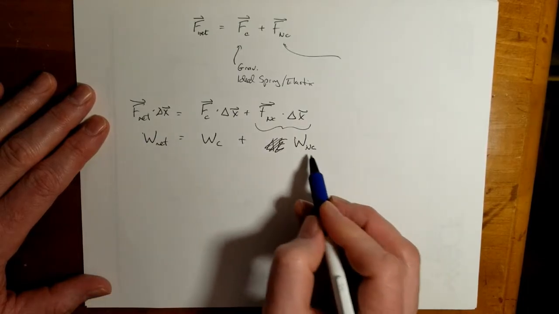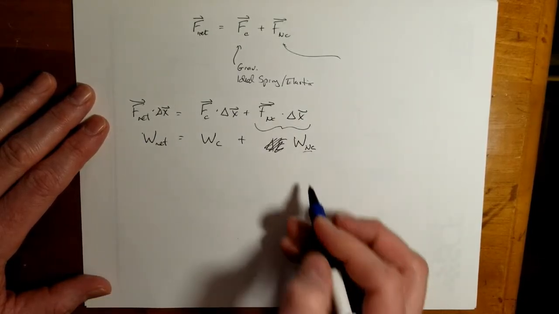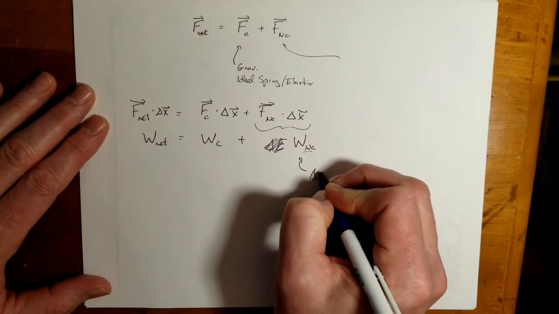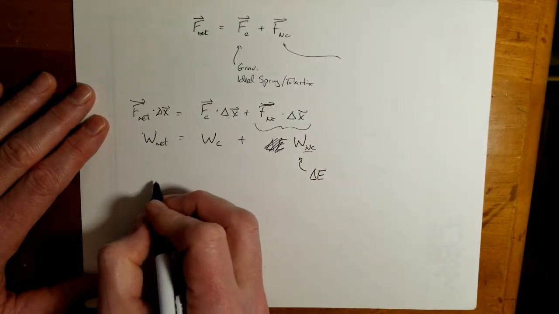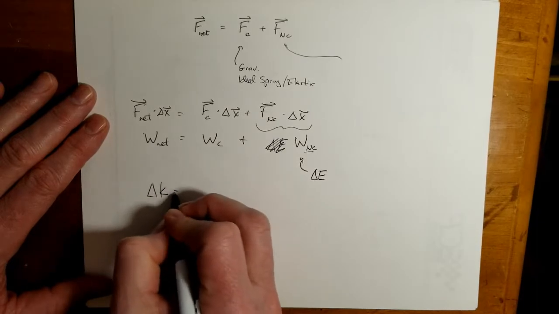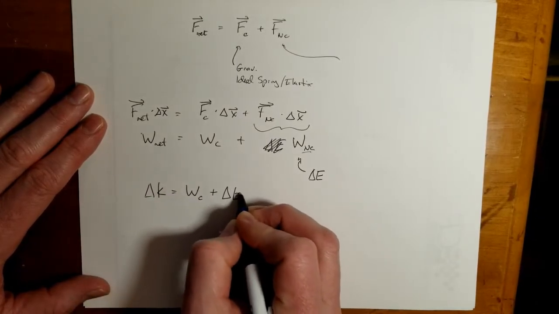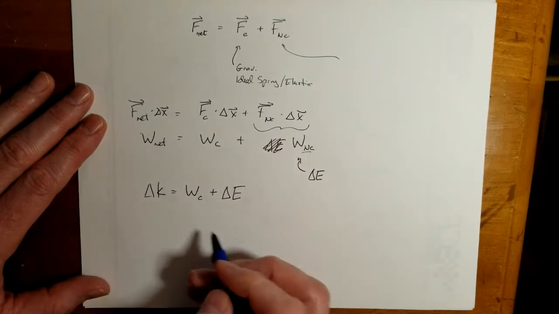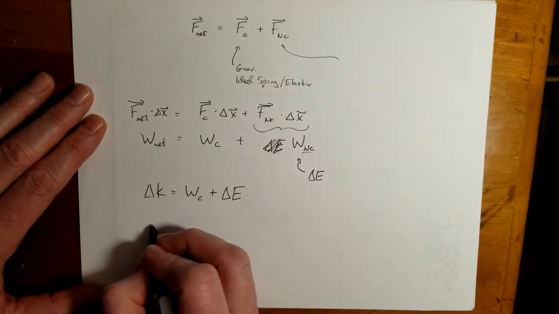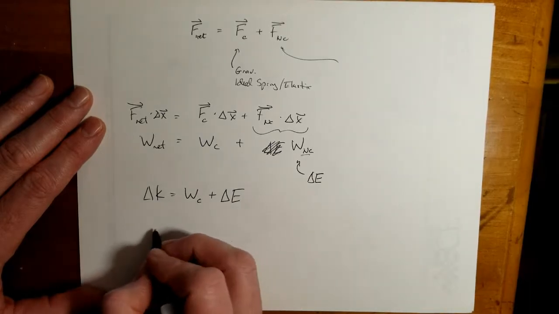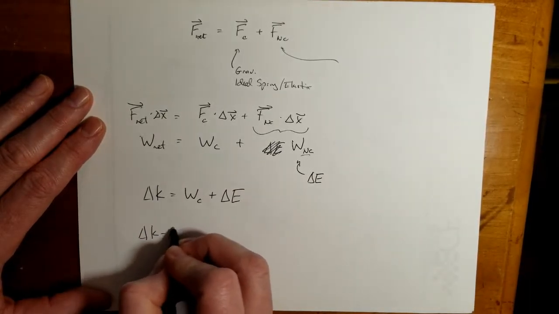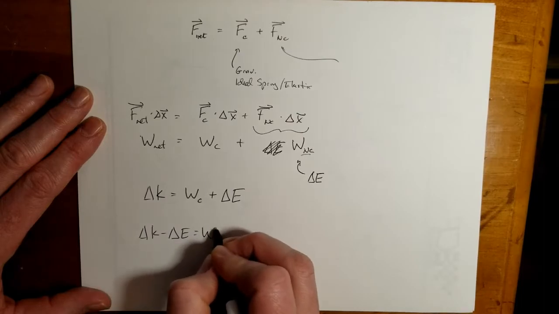Non-conservative work is called non-conservative because energy is not conserved, and so this is equal to the change in energy. And so I have delta K is equal to work conservative plus delta E. If I subtract delta E from both sides, I have delta K minus delta E is equal to the conservative work.